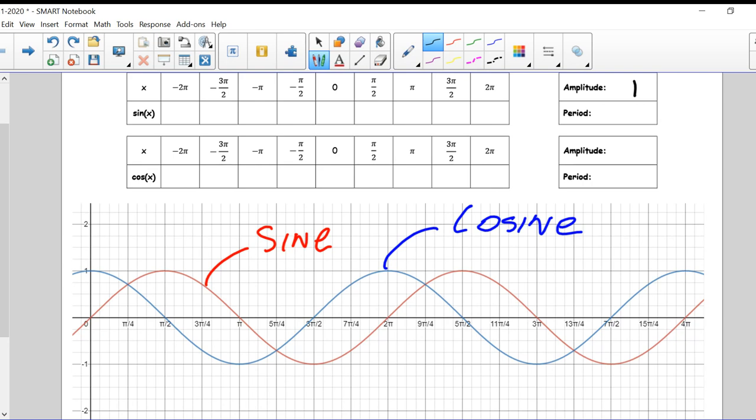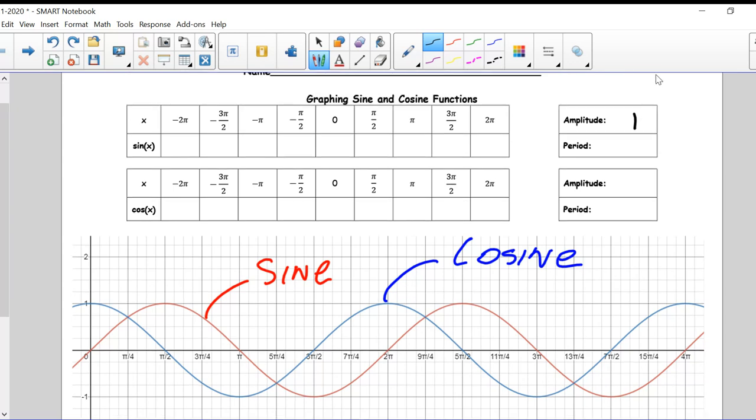Okay? Let's get to the period of the function now, right? Look at the graph. Look at the graph very carefully. Try to remember again from grade 11 what period meant in the context of a sine or a cosine function, or in fact, any trigonometric function that had a specific meaning.